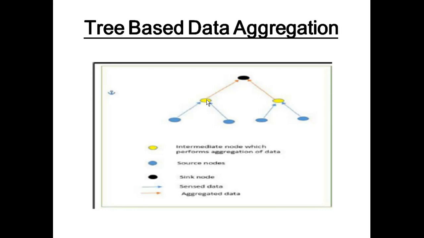So the blue colored arrow you can see is the sent data, which is transferred from the source to the intermediary, and after performing the data aggregation, the red color arrow shows that the aggregated data is being transferred to the sync node. So this is how the complete transfer takes place.